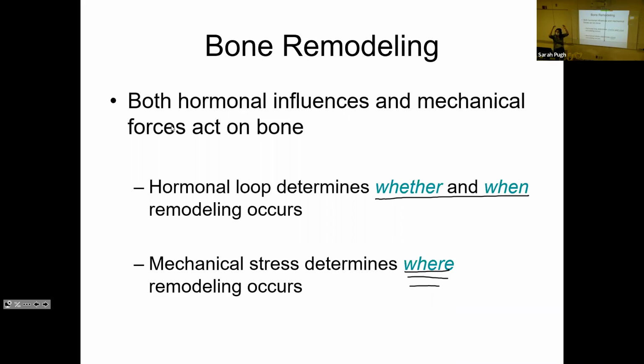Would I remodel my bone if I have extra calcium? What am I going to do? Will I destroy my bone or add to it? You'll add to it. So if your blood calcium is elevated, you're going to add to your bone, right? That's if it's happening at all. Where will I add to my bone? Where I need it. And if I'm a ballerina, it's going in my feet and my toes and my ankles, right?